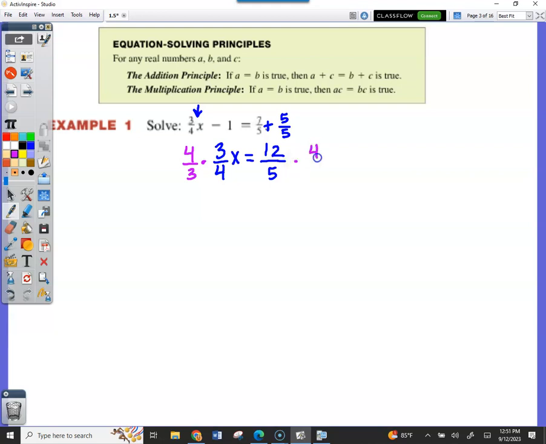And whatever you do to one side, you got to do to the other. So this would be a 1x. Now you need to remember multiplying fractions. Yes, you can type it in the calculator, but hopefully you've reached a point where you're trying to do it on your own and checking it in the calculator. You multiply straight across. So that would be 48 over 15.